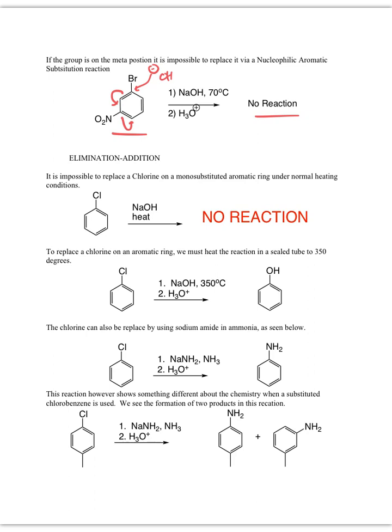Now, in the book, it says it's possible to replace the chlorine on an aromatic ring if you do hydroxide and heat it to 350 degrees in a sealed tube. Just say no reaction. That is not a way we can put an OH on.